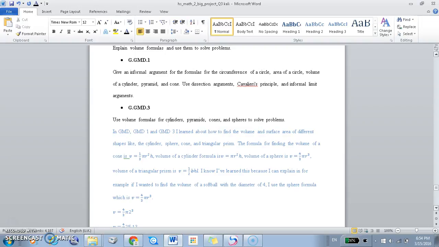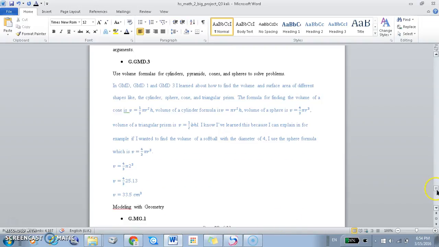For example, if I wanted to find the volume of a softball with a diameter of 4, I use the sphere formula, which is V equals 4 over 3 pi times r to the power of 3. So the reason why I put 2 instead of 4 here is because radius times 2 is diameter, so diameter divided by 2 will be the radius.